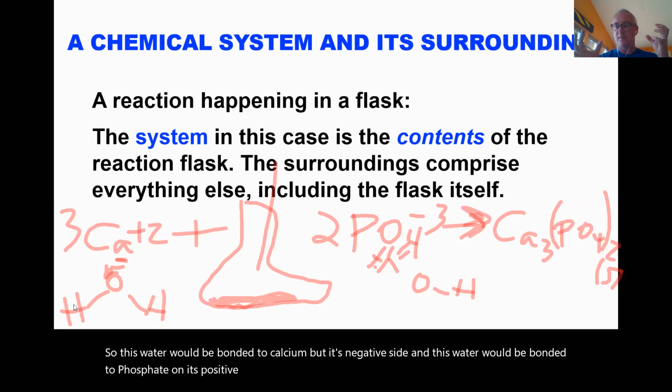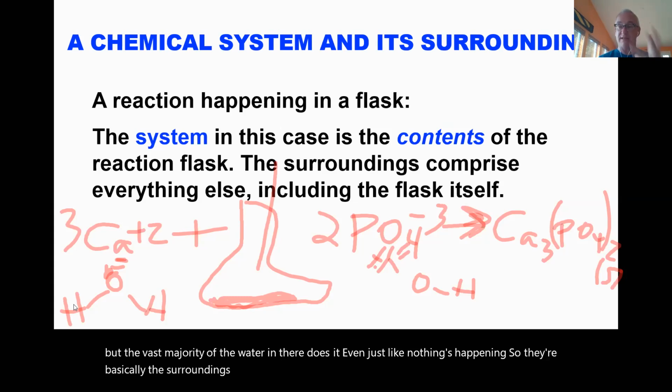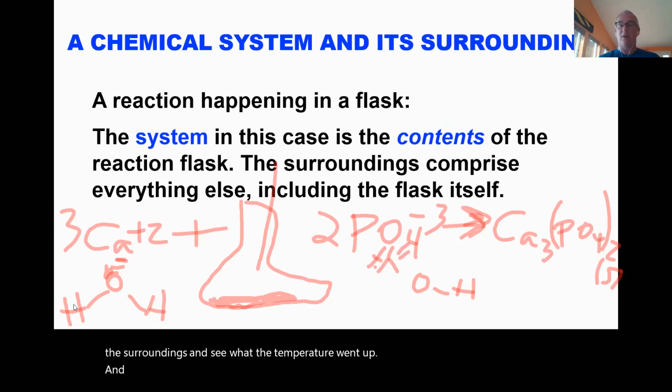So some of those waters are going to change their surroundings, but the vast majority of the water in there doesn't, it's like nothing's happening. So they're basically the surroundings. So we would just measure the temperature of the surroundings and see if the temperature went up, and so energy was released, or the temperature went down and energy was absorbed.